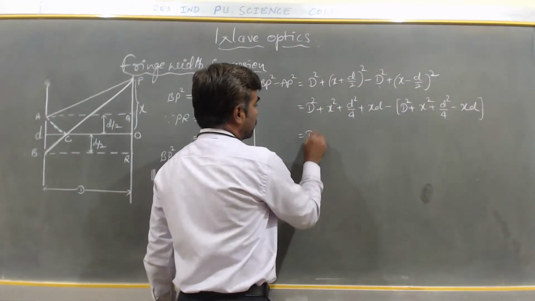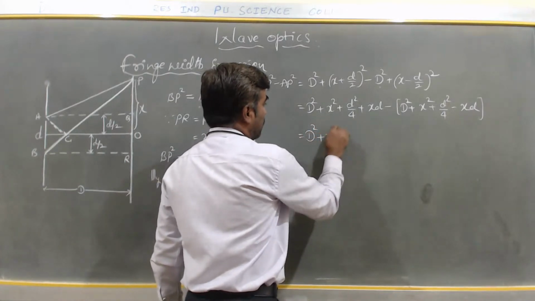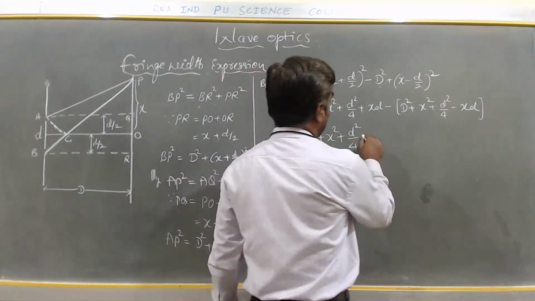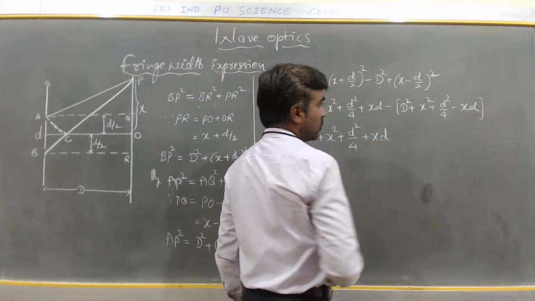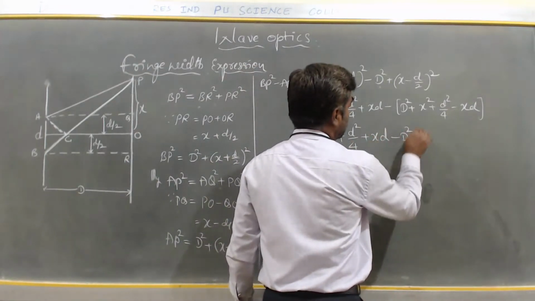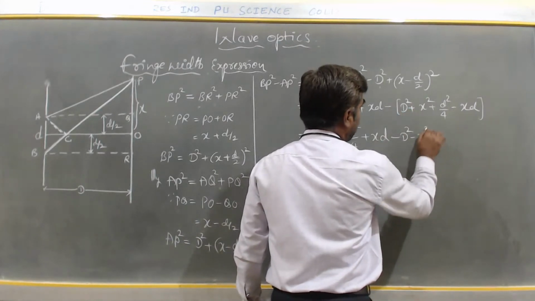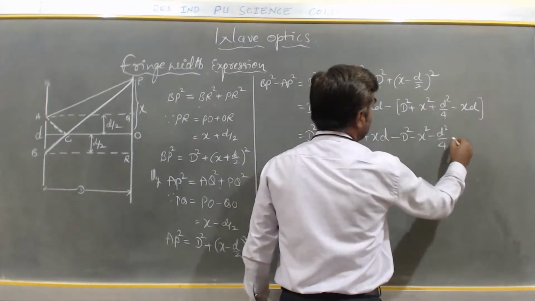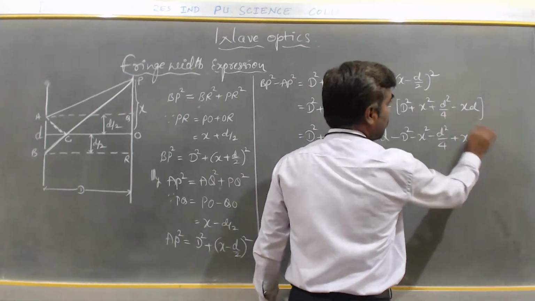And now if we continue the same, D square plus X square plus D square by 4, and next plus XD minus D square minus X square minus D square by 4, then minus into minus gives plus XD.